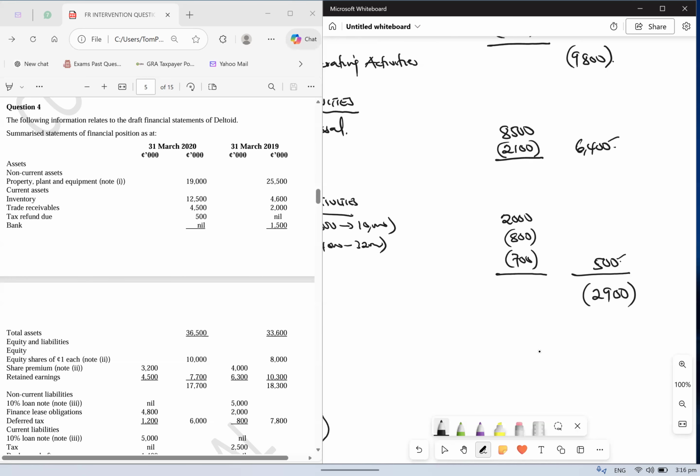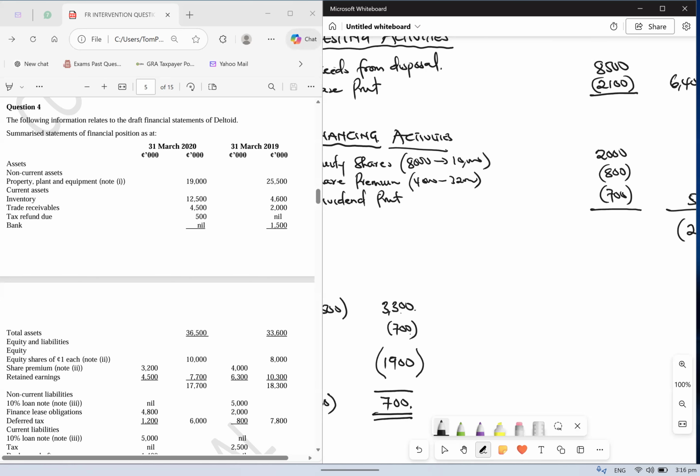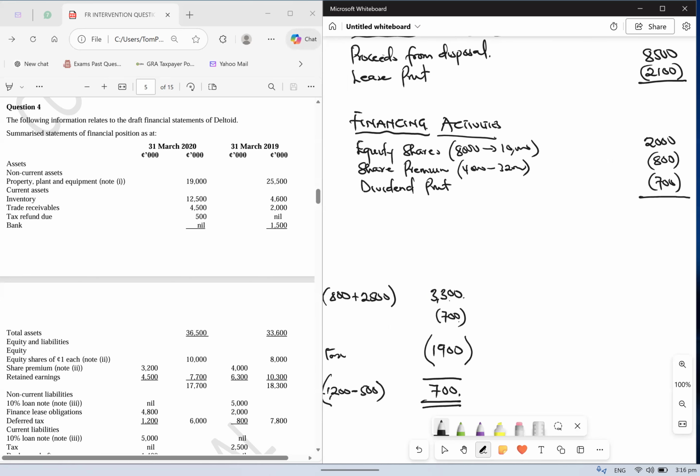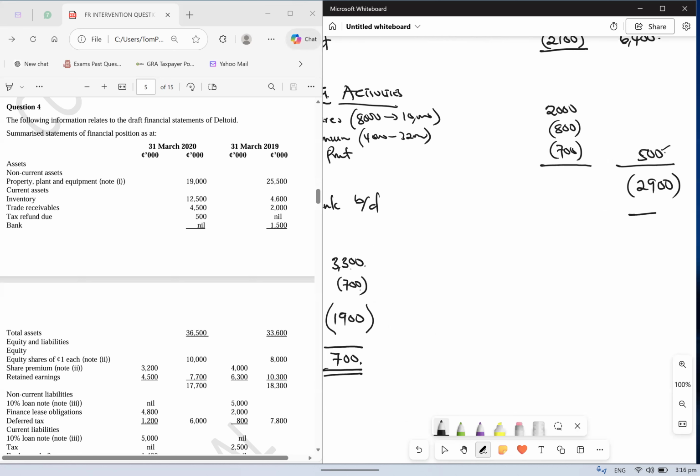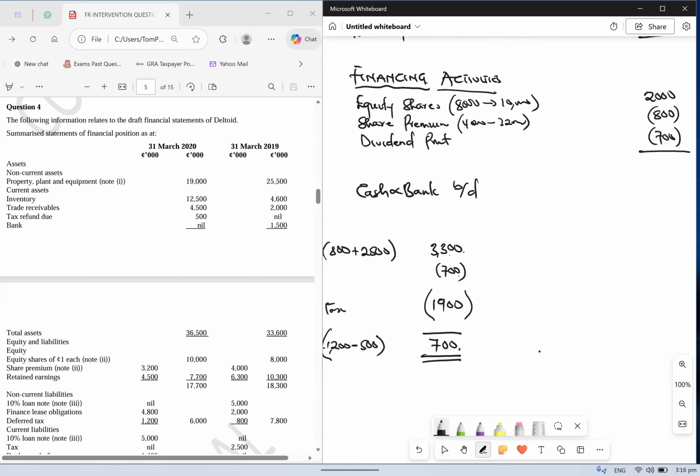So now, after you have done this, you are coming to add your cash and bank balance brought down. When you add it, your answer should be equal to the cash and bank balance carried down.